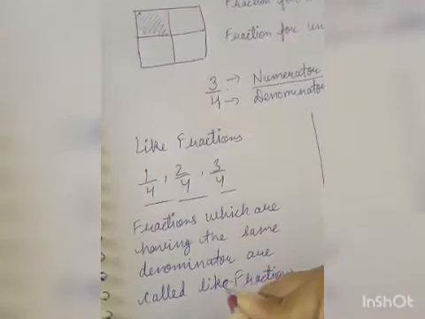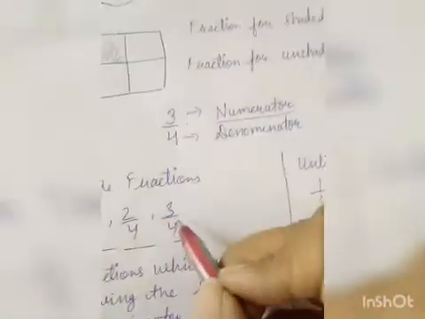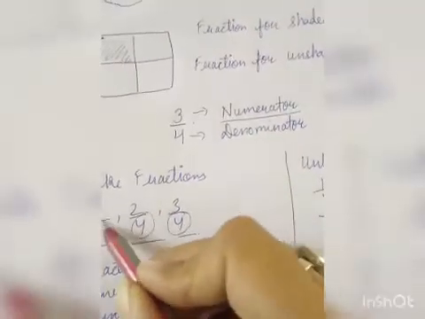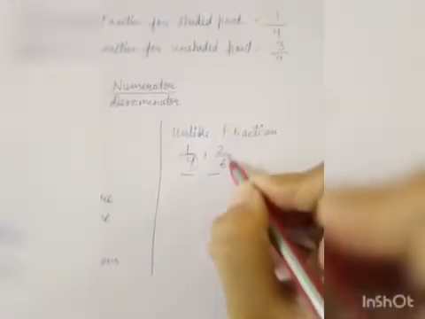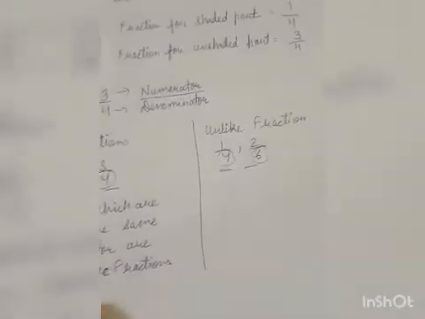Means those fractions whose denominator is the same, these are like fractions. And on the other side, when the denominators are different, we call it unlike fractions.